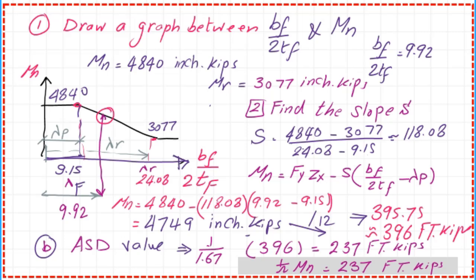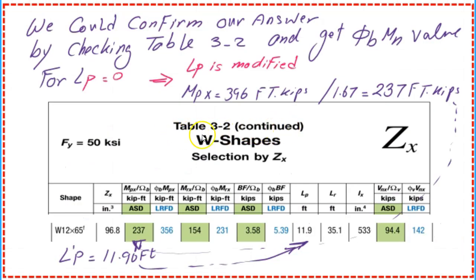This value, we are going to check it through table 3.2. This is table 3.2. M_n over omega_b equal to 237 feet-kips, and L_b equals 11.9 feet. As we remember, our estimated L_b is 11.9 feet.